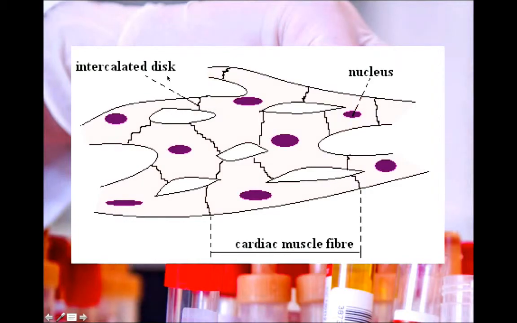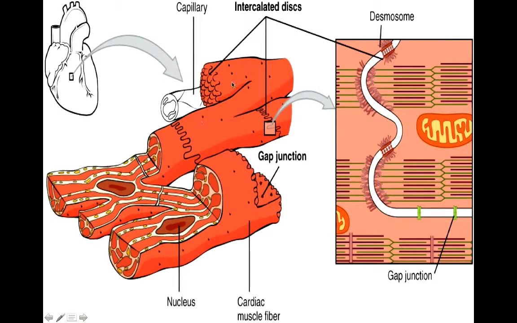Now these discs that you can see over here, here and here, are like a very strong adhesion, a very strong communication between the cells, and they allow the heart to contract all at once. So when this cell contracts over here, this cell over here is going to contract as well.